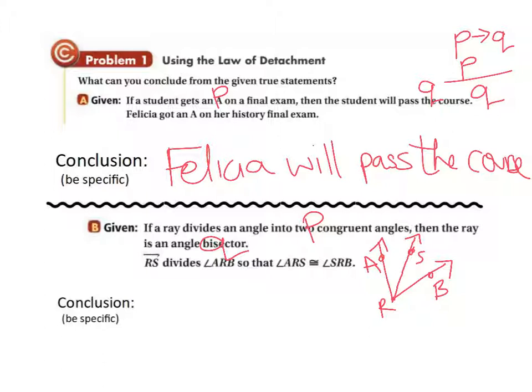That's what P is. A ray divides an angle into two congruent angles. Then I get to come back and say the ray is an angle bisector. But I'm going to be specific here, and I'm going to say ray RS is an angle bisector.